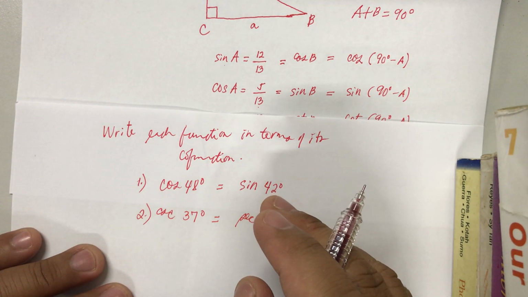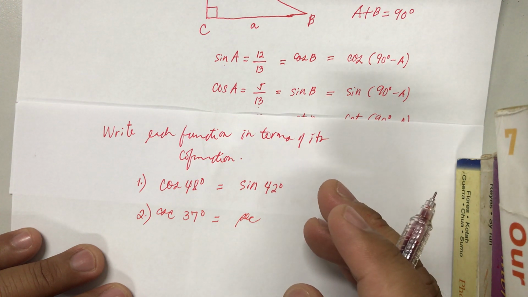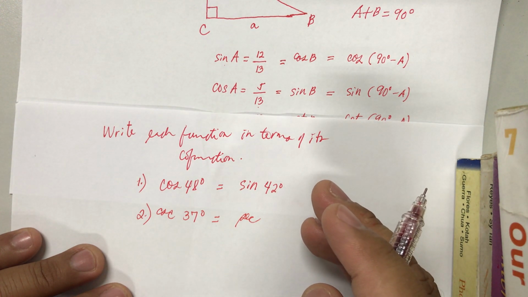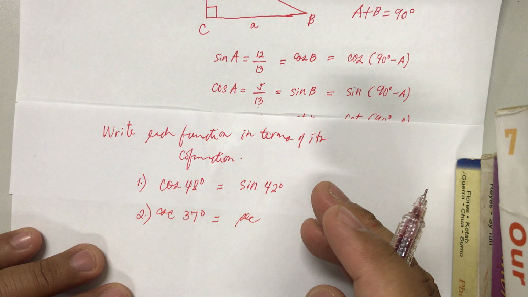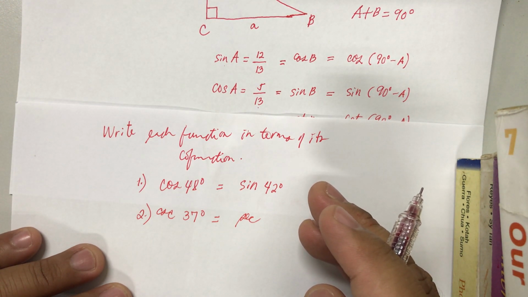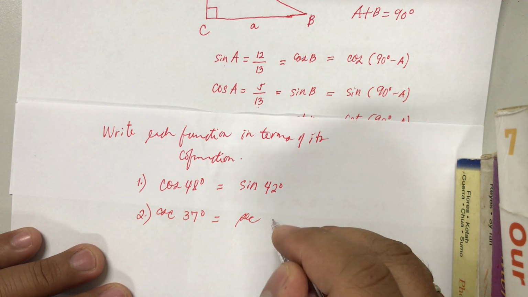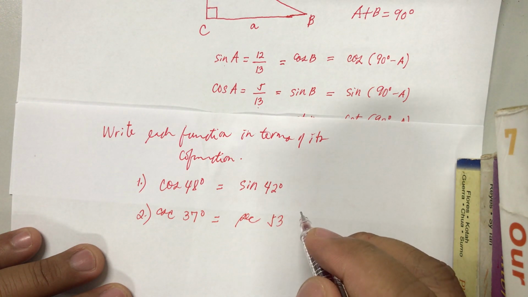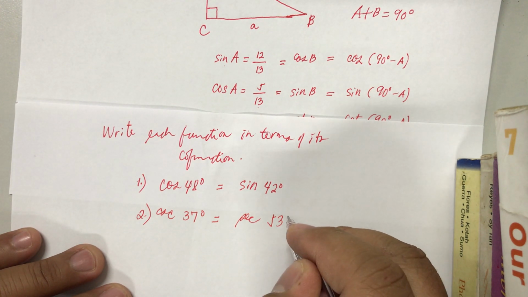Hence, they are called cofunctions. Secant of what? An angle which is complementary to the given angle, which is 37 degrees. What is the complement of an angle whose measure is 37 degrees? That's 53 degrees. Therefore, cosecant 37 degrees is secant 53 degrees.